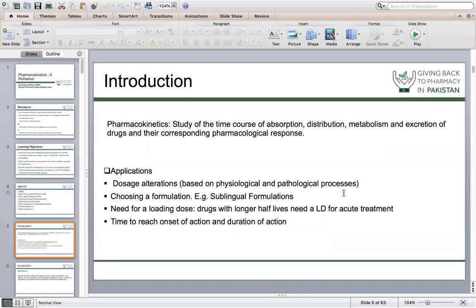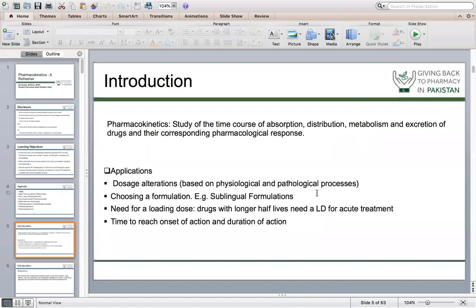So we need to individualize the dose based on some physiological processes, like the body weight, body size, and some maturation of organ systems, which affect these processes of absorption, distribution, metabolism.